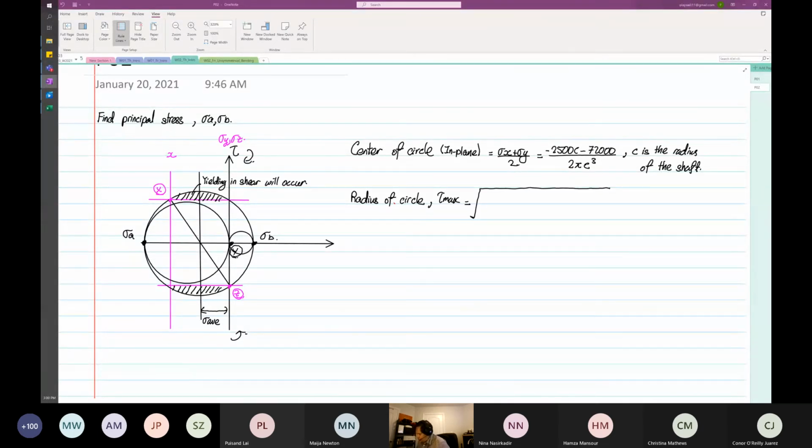So it's simple math. You want to find the radius of the circle. Let me use a different color. The distance from here is the radius, right? So what we want to do is find this distance, which is our shear, and then find this distance, which is our normal stress, and these two happen to be the same.